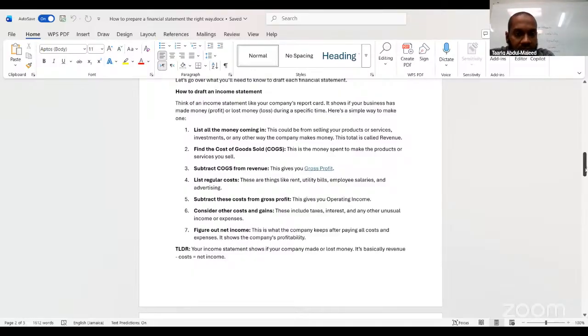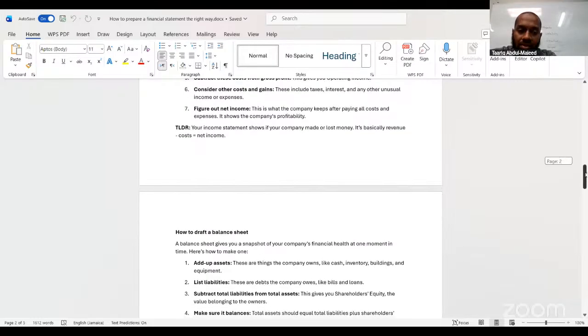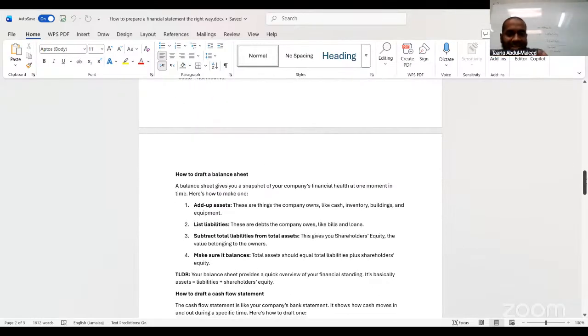List the regular costs and subtract them from the gross profit. And if you have any other gains or losses, taxes or interest, you add them. And then of course, figure out your net profit or loss. Those are the simple steps in terms of how you draft your income statement. The second thing now is how you draft a balance sheet.